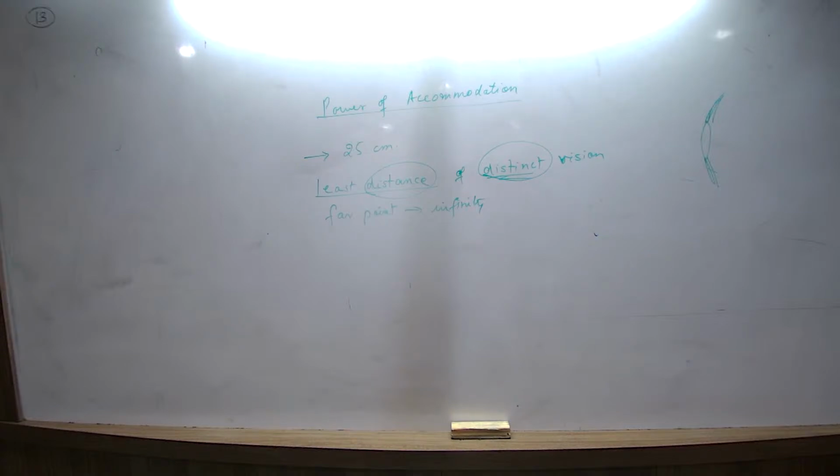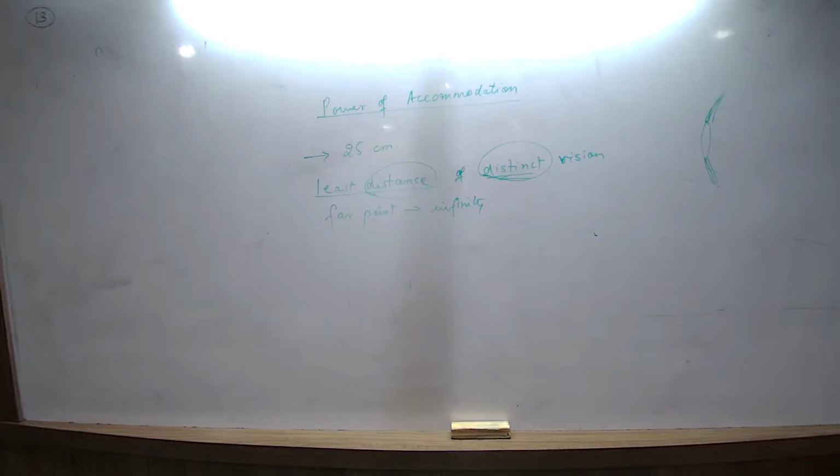Least distance of distinct vision. What is the other word for it? Near point. It's also called the near point. Least distance of distinct vision. Leave a line and write on the next one.